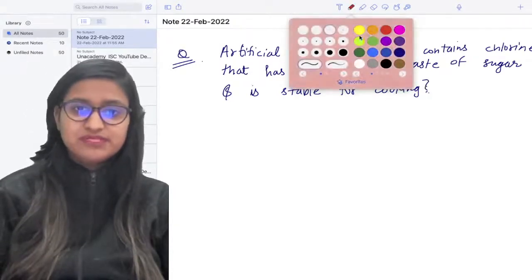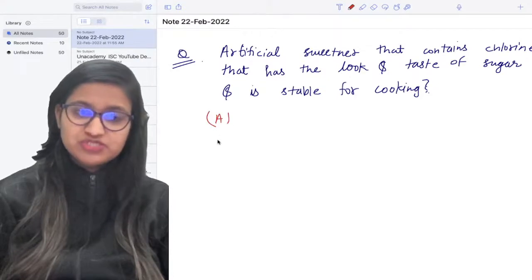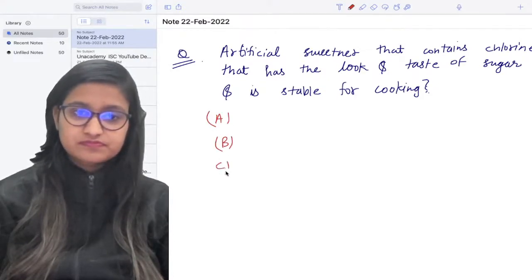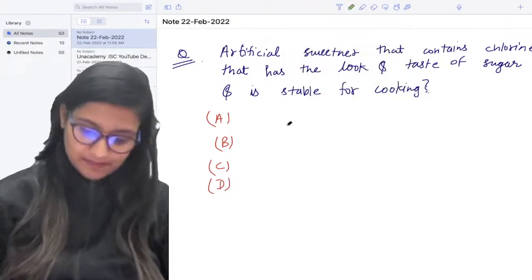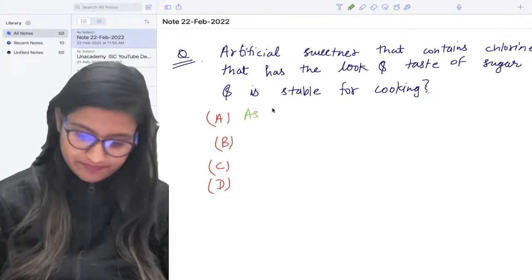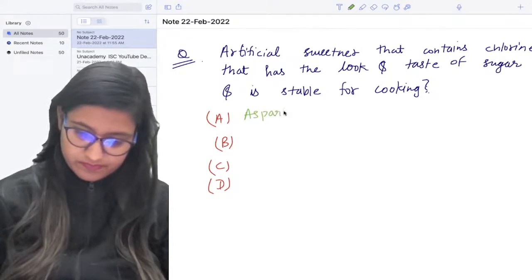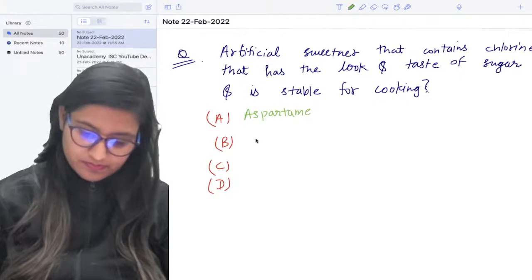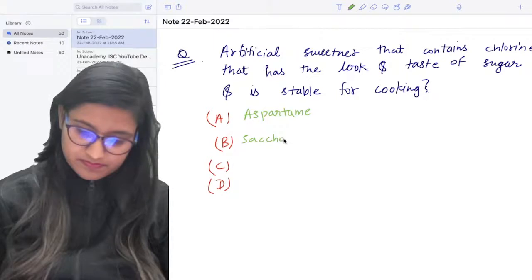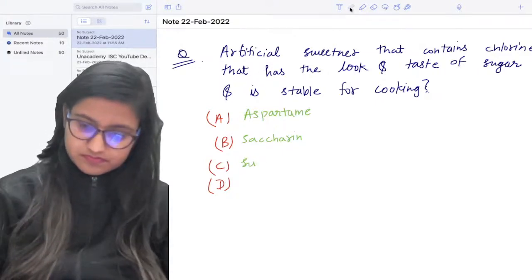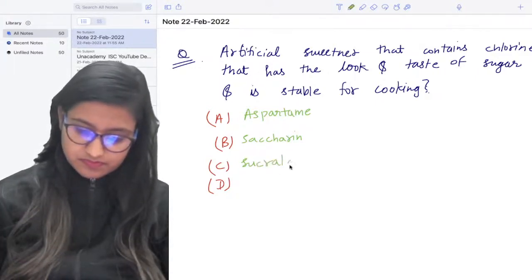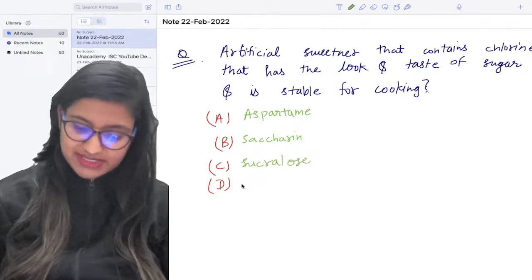बताओ. Let me know in the live chat. ऑप्शंस भी दे देते हैं आपको. Aspartame, saccharin, sucralose, your option number D, alitame.